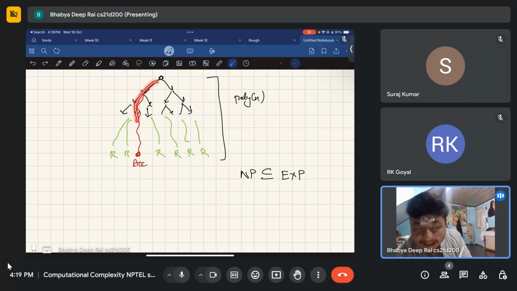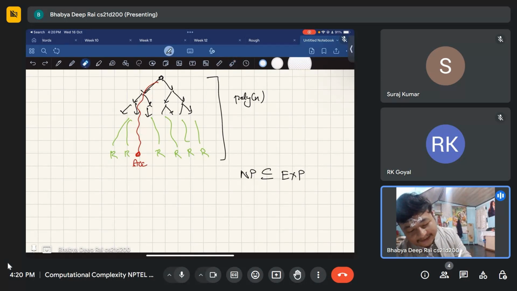I'll only travel that path which you gave me. I'm a very honest person, and you are a very honest person, you always give me the correct path if it exists. By correct path, I mean an accepting path. I check it, and if it exists, I will definitely reach accept. This is another way to view non-determinism, that is, in terms of certificates.